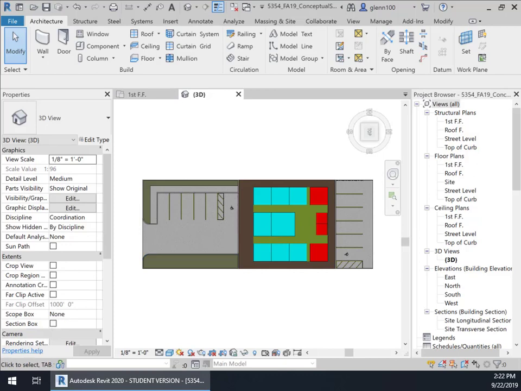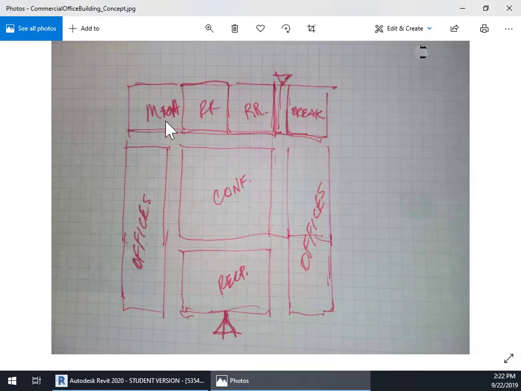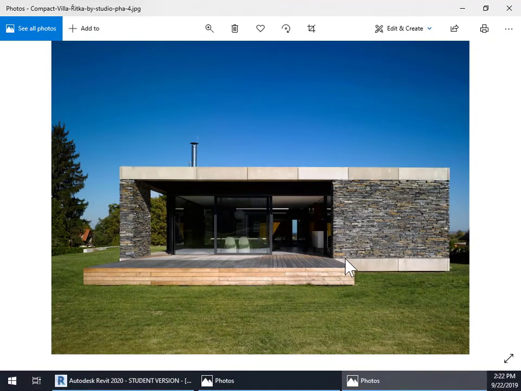As I stated, my original concept was sketched out not really to scale, somewhat to proportion. I'm assuming that it would be rectilinear in a very modernist tradition. Something like this.